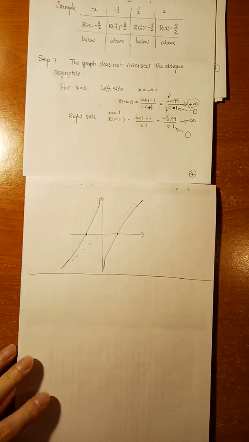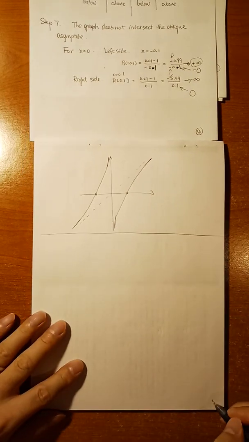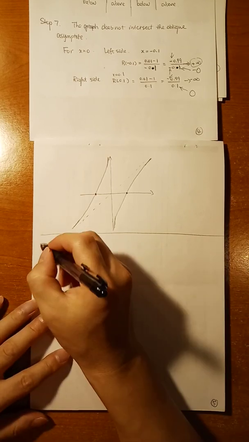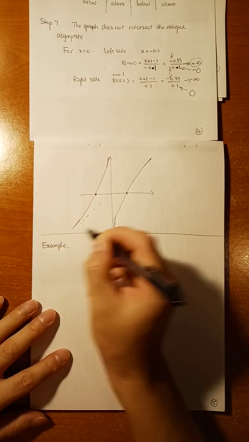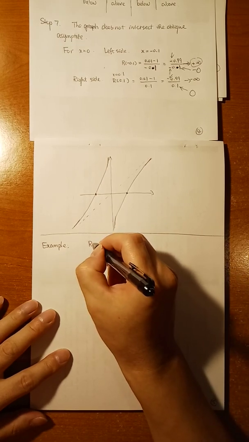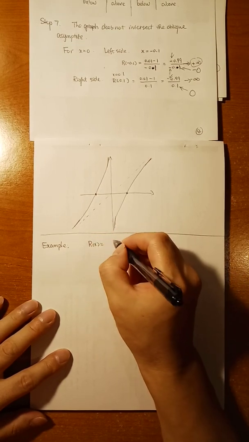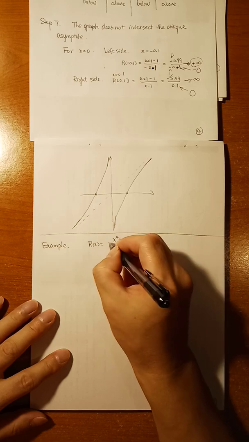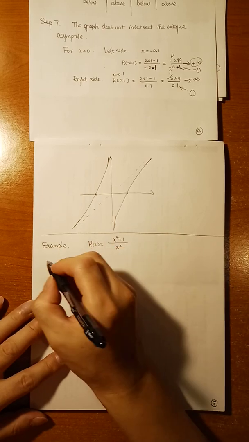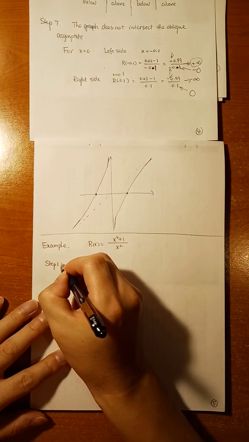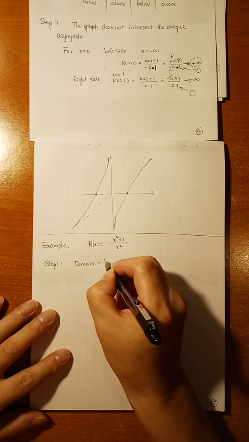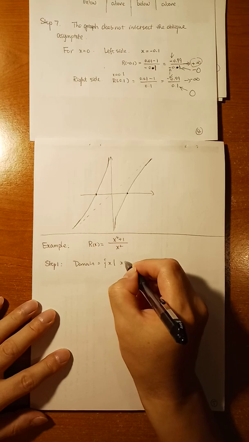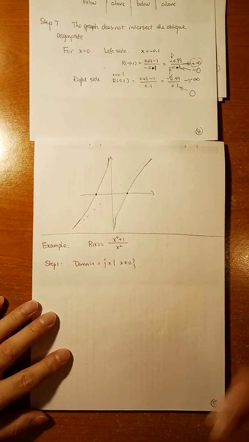So that's the idea. Okay, let's try to do more examples. Our rational function r of x is (x^4 + 1)/x^2. Step 1, domain. The domain is the set of all real numbers except x equal to 0.